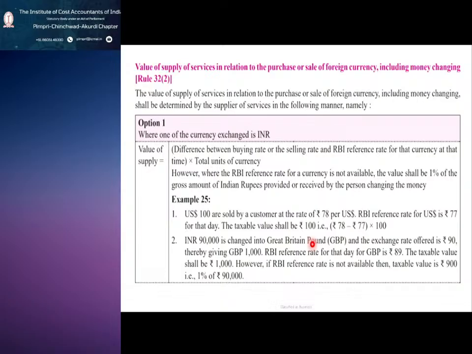We'll go slowly here. You can see the US dollar 100 sold by a customer at a rate of 78 per US dollar. So the US dollar is $100 sold by a customer at a rate of 78 per US dollar. The RBI reference rate is 77. The taxable value shall be, so you know it, actual.